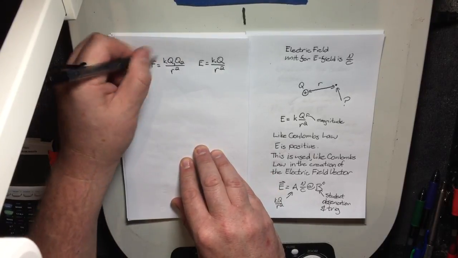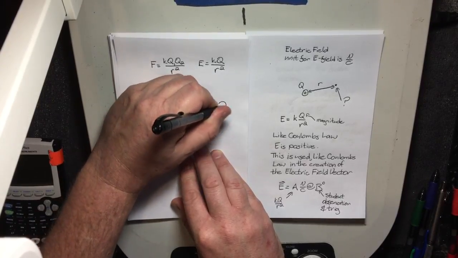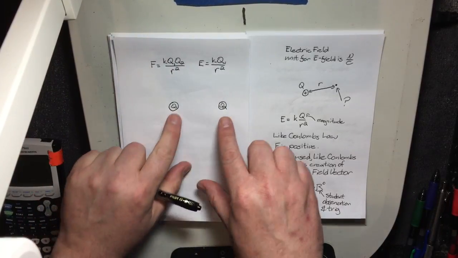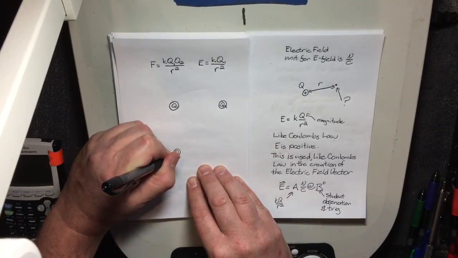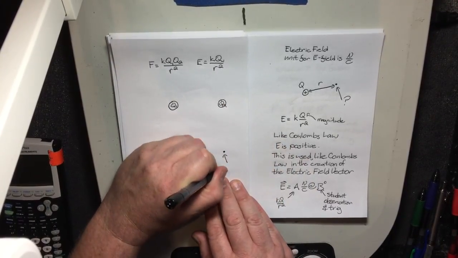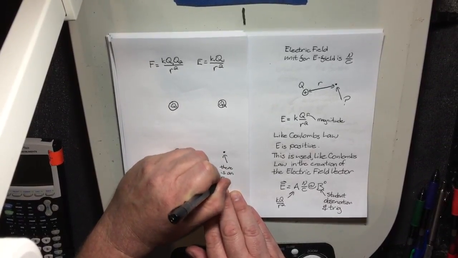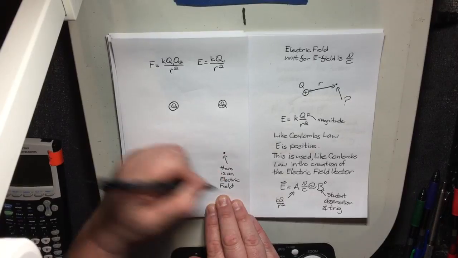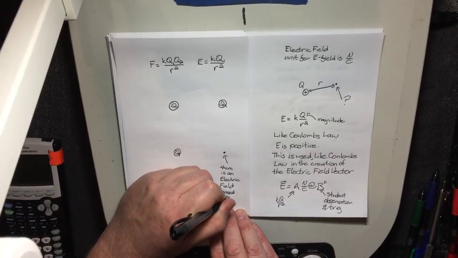Because initially in this equation, if we have two charges, Q1 and Q2, and then I take away Q2, there is an electric field there caused by Q1.